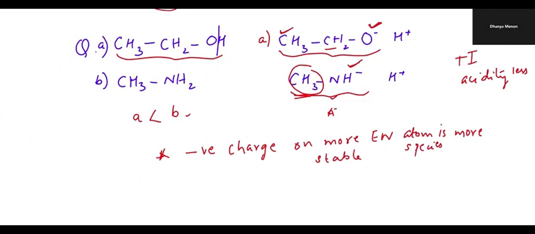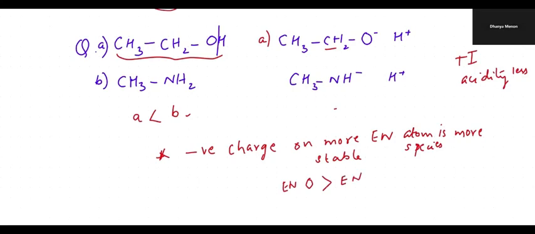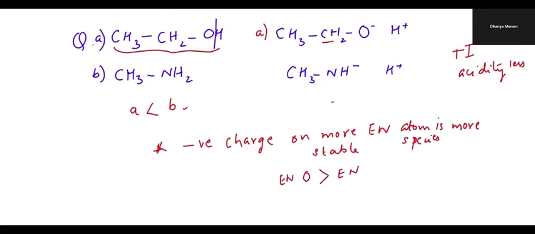For example, in the first case, I'll just rub these. The electronegativity of oxygen is more than that of nitrogen. So definitely here, the A minus species of the first one, A, is more stable than the A minus species of the B compound.